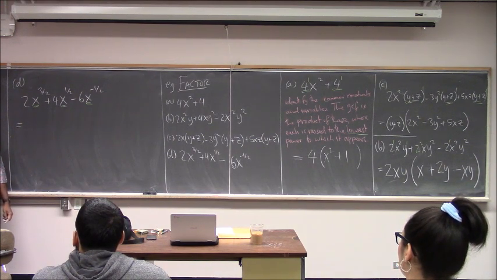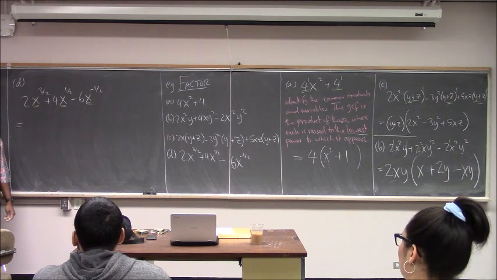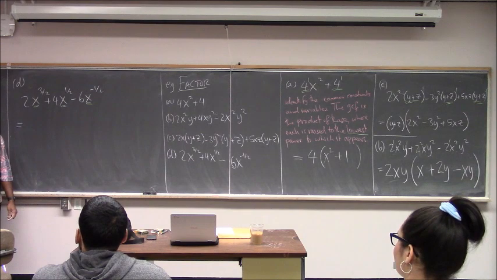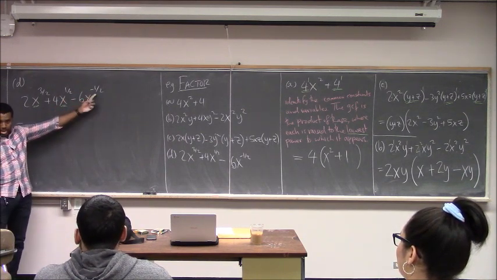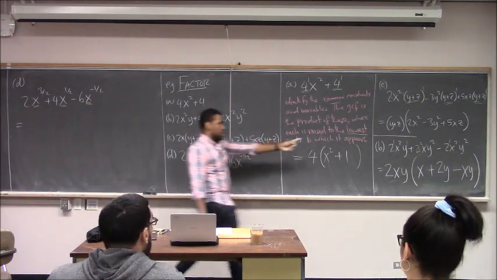What's the rule? How do you determine who gets pulled out? The lowest power. So pull out the lowest power. What is the lowest power? 3 over 2, minus 1/2, or 3 over 2, 1/2 or minus 1/2? Who's the lowest? Minus 1/2. That's who you factor out. You always factor out the lowest power.